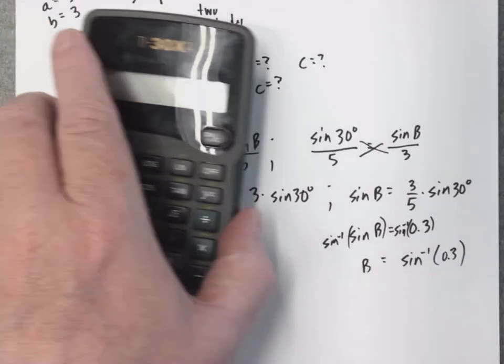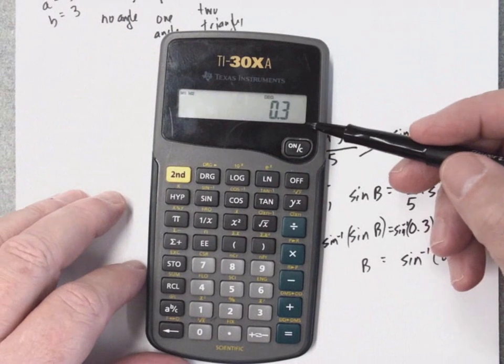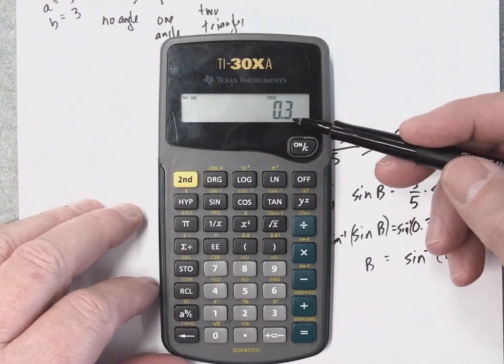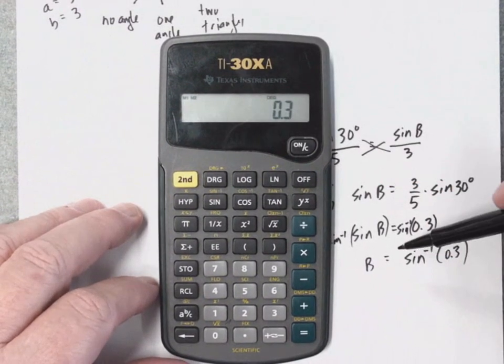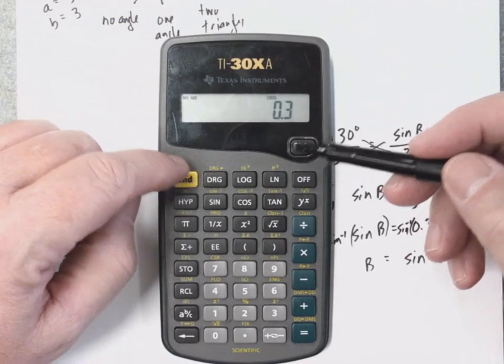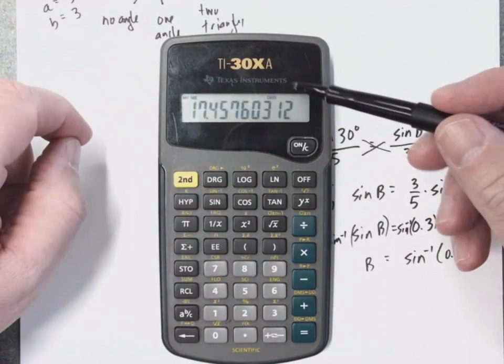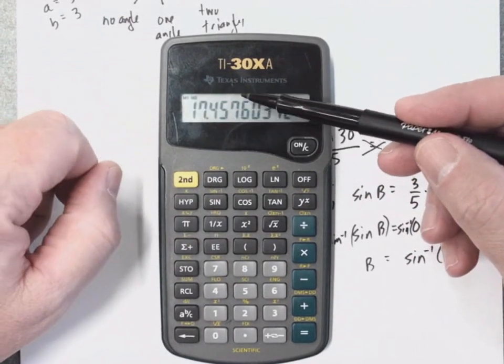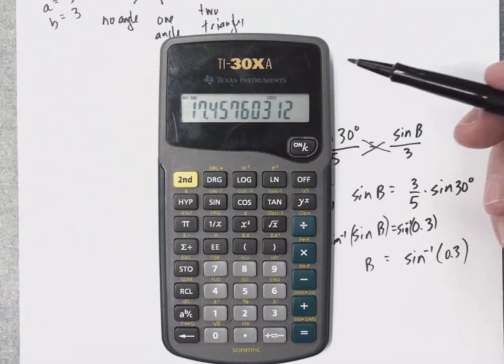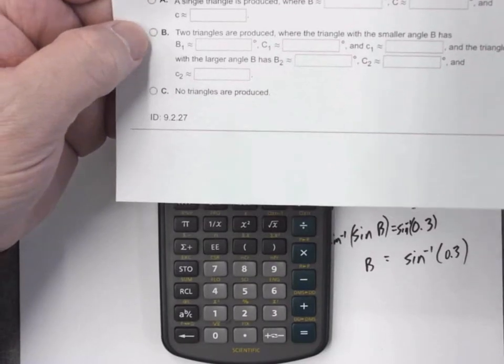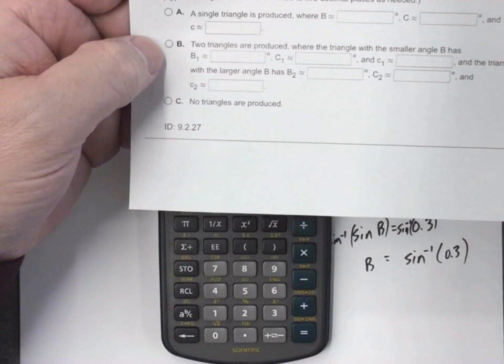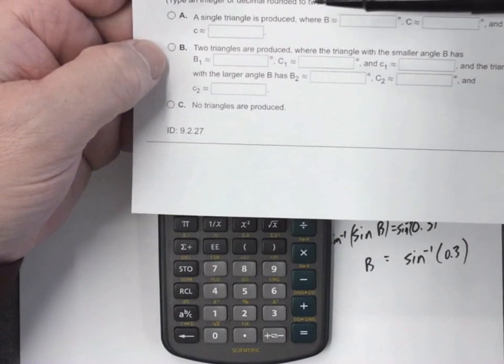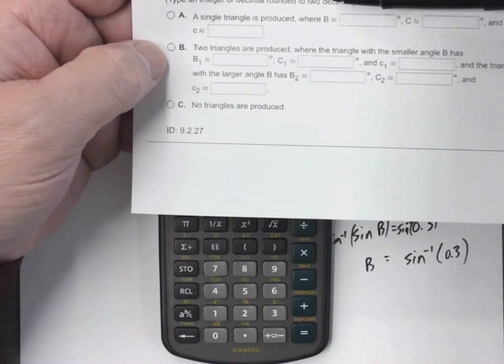So now, you go to your calculator, put in 0.3, although 0.3 is already here. Now I'm going to hit my inverse sine key. And this is now angle B. Now if I look at the instructions, I think it said type an integer or decimal rounded to 2 decimal places.